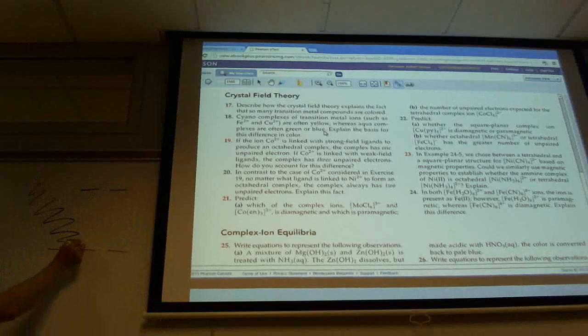Short wavelength, and short wavelength is high energy. So it absorbs high energy, it appears low energy. Whereas aqua complexes are lower field or weaker field ligands, which means they absorb lower energies of light, which make them appear higher energy.